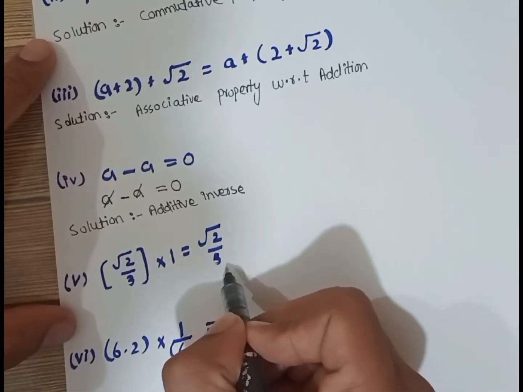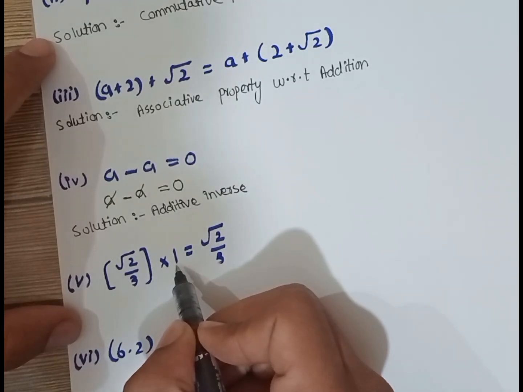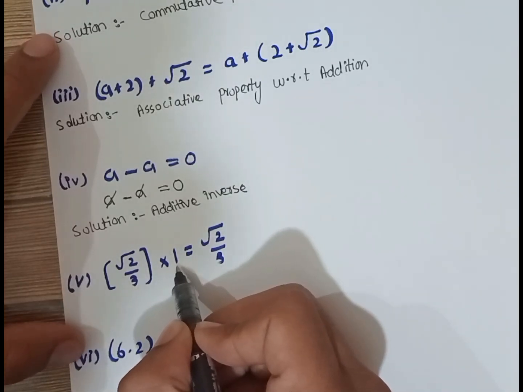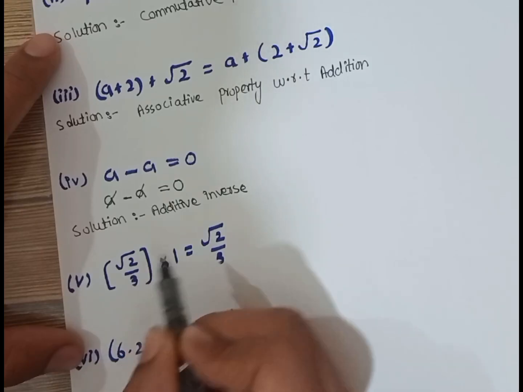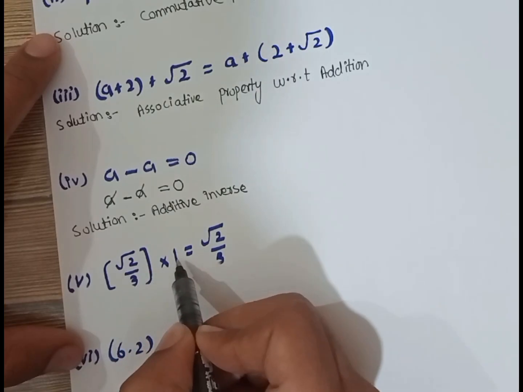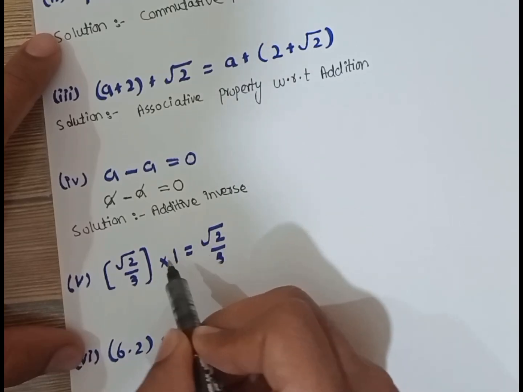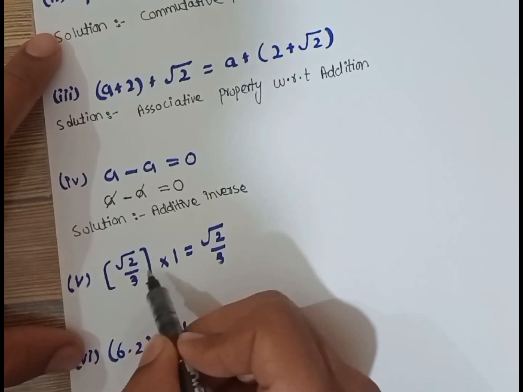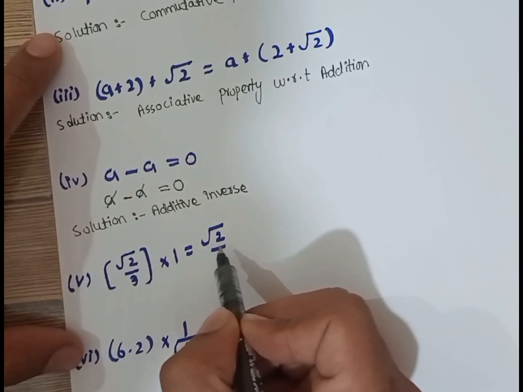The fifth question is square root 2 over 3 multiply 1 is equal to square root 2 over 3. As I told you, there is such a real number, that is 1. If you multiply any number by 1, it does not make any difference to the other number. For example, square root 2 over 3 multiplied by 1, the result is the same.